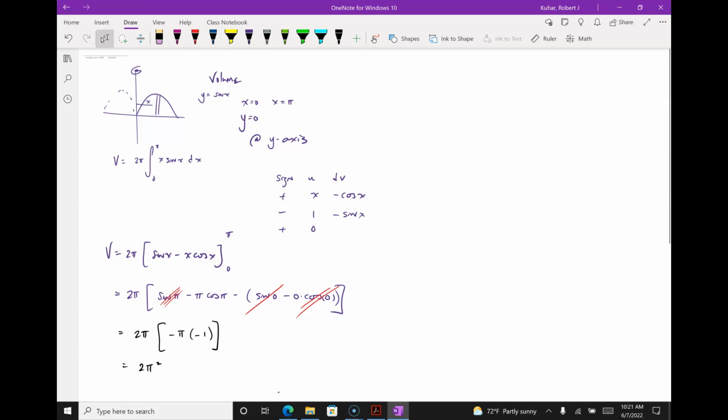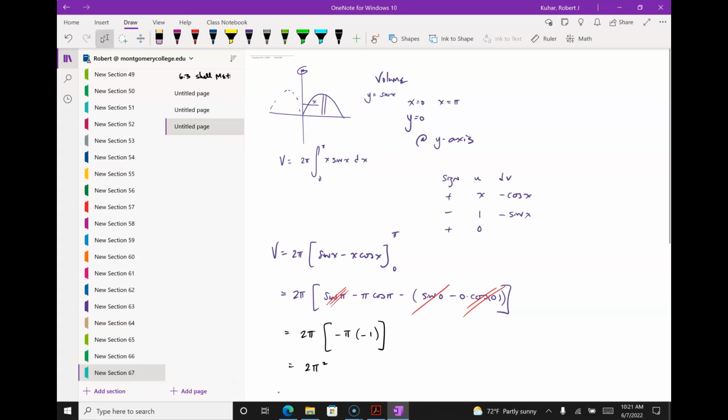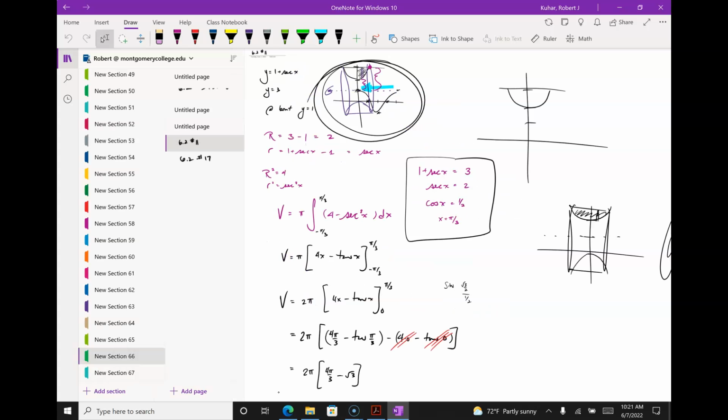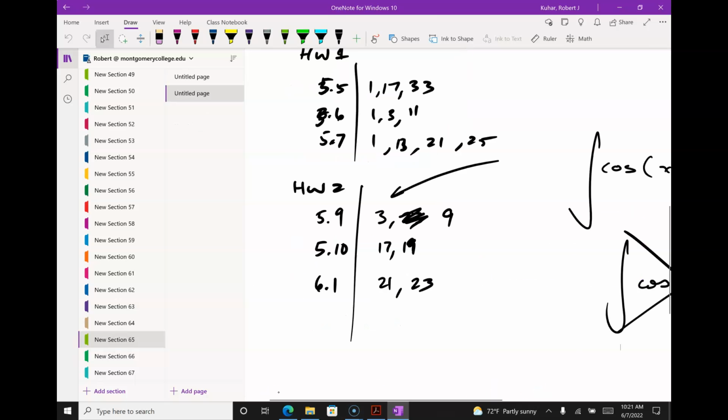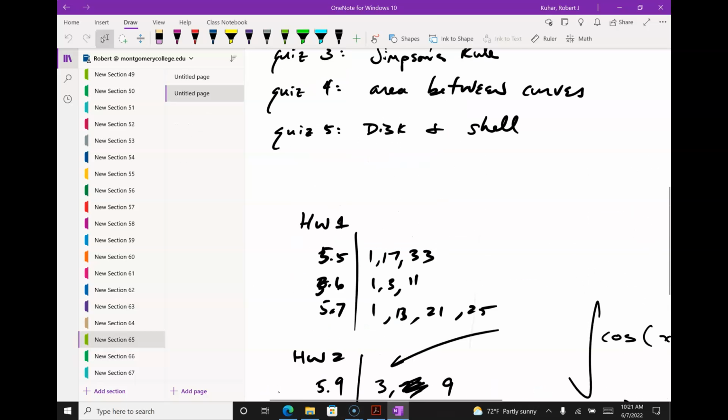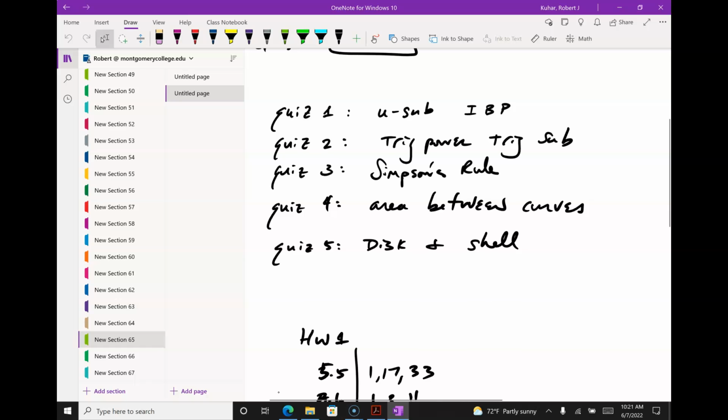I think the one I'm worried about is the trig substitutions. Okay? So, what's my quiz schedule like here? Yeah, so that's tomorrow.